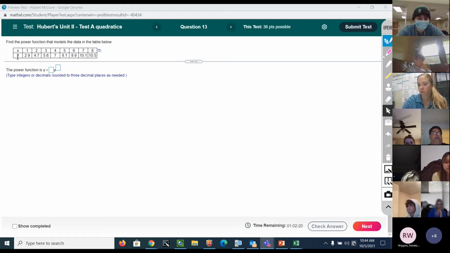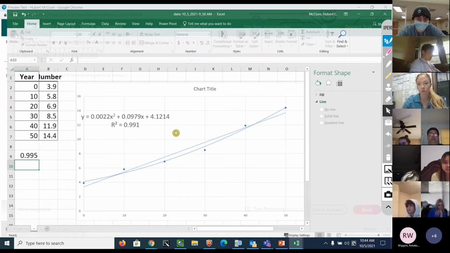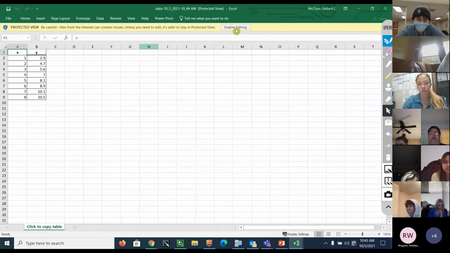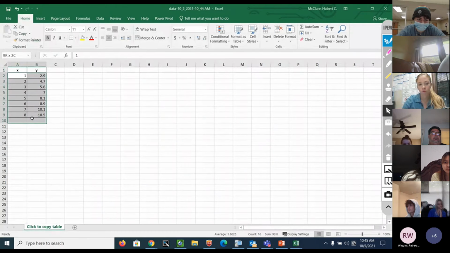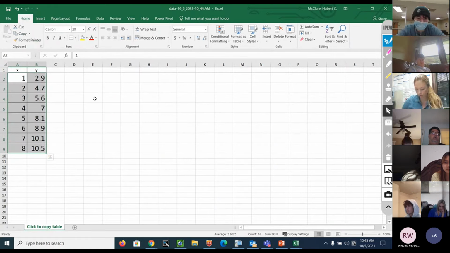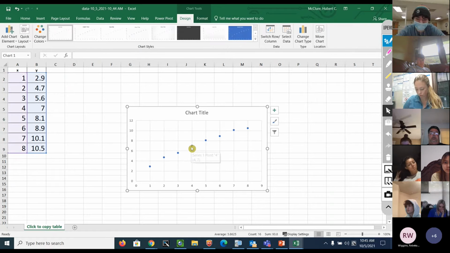All right, so put this in your Excel spreadsheet. They want the power function. So the power function of this one, so I'm going to draw it. You can put it in your calculator. So I'm going to go ahead and insert chart plot, right click.